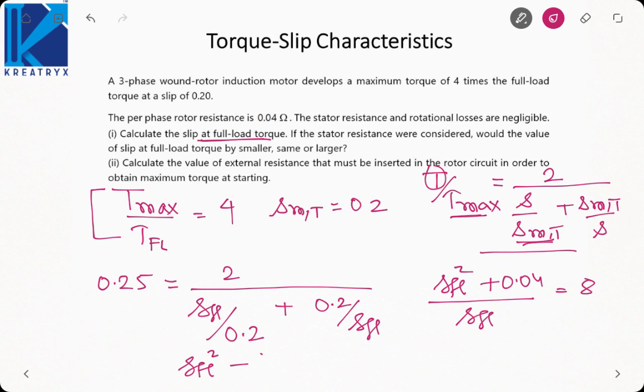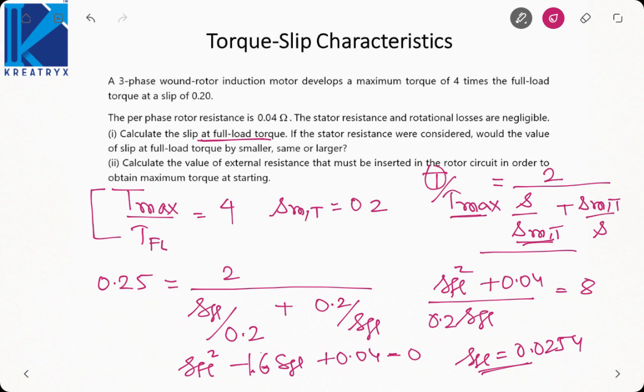So SFL square minus 8 SFL plus 0.04 equal to 0. Okay, 2 by 0.25 is actually, oh sorry, it will be 0.2. So it will be 8 into 0.2, that is 1.6. So from here we can calculate SFL. It will come out to be 0.0254. That is the slip for the full load torque.